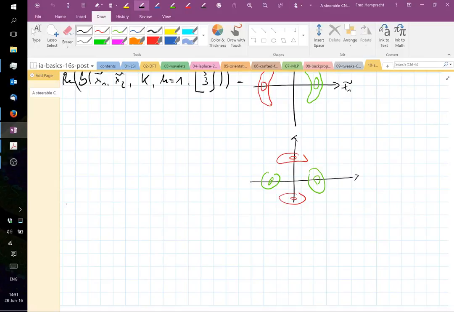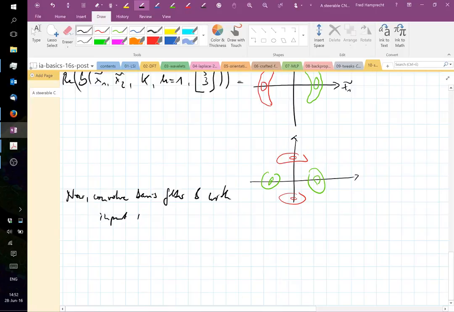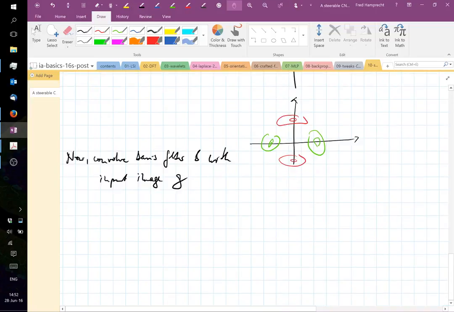So now convolve the basis filter B with the input image, which I'm calling G. And the result here is C at location x1 and x2.